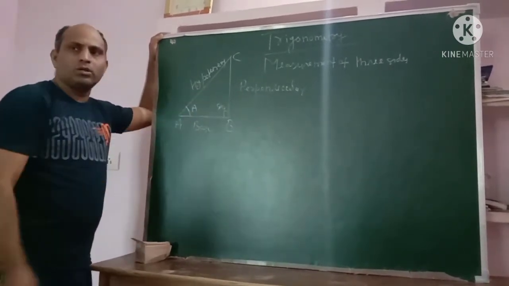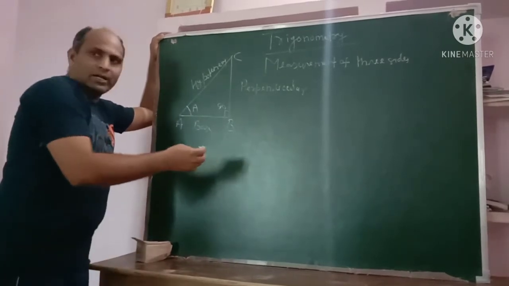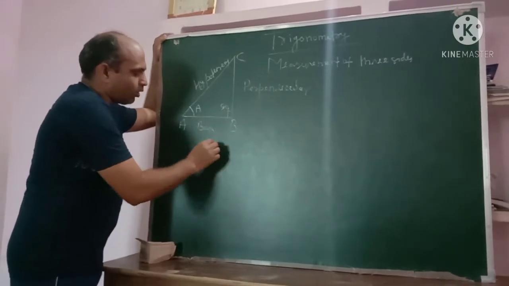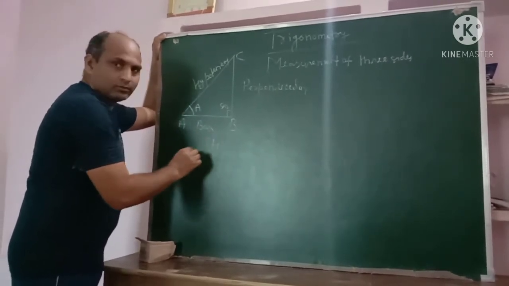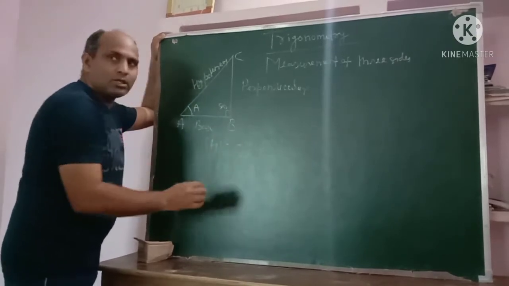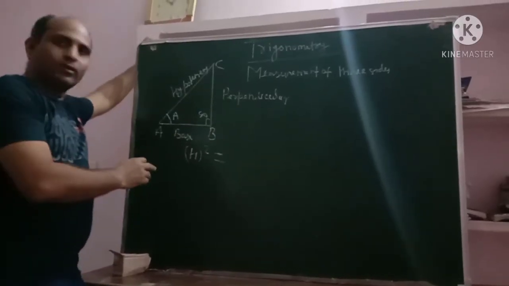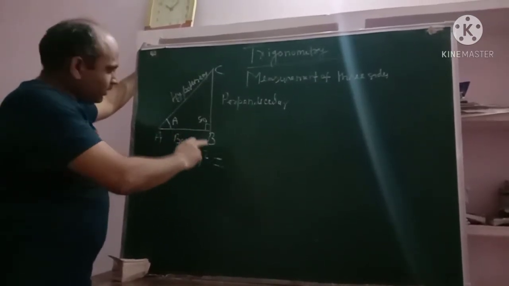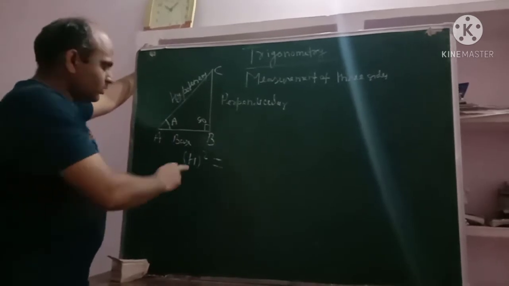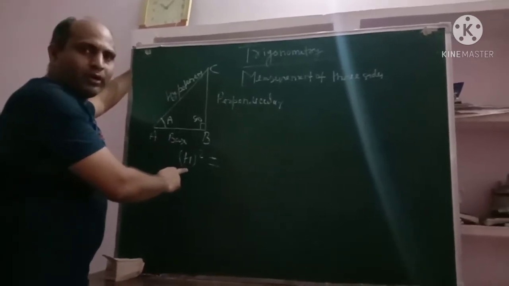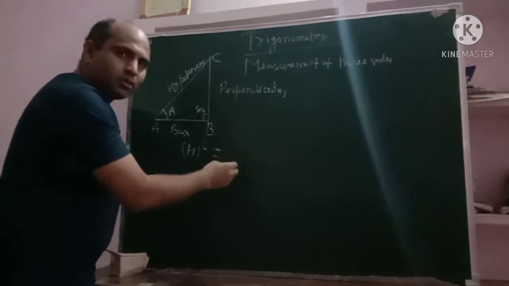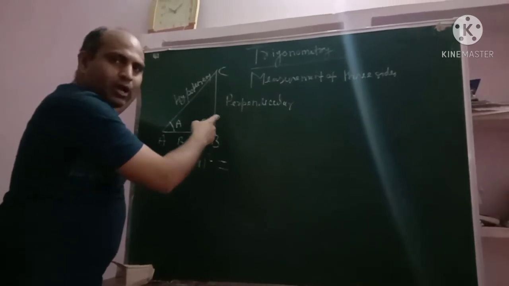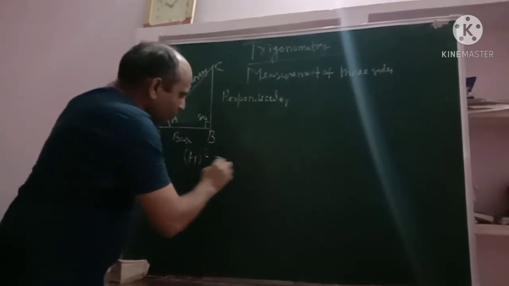So we use the Pythagoras theorem. What does Pythagoras say? Pythagoras says that the square of the hypotenuse is equal to the sum of the squares of the base and the perpendicular. So by using Pythagoras, we can relate the lengths of the sides.